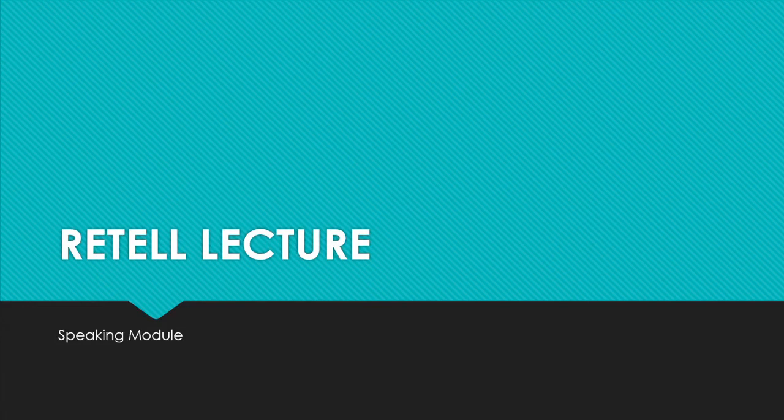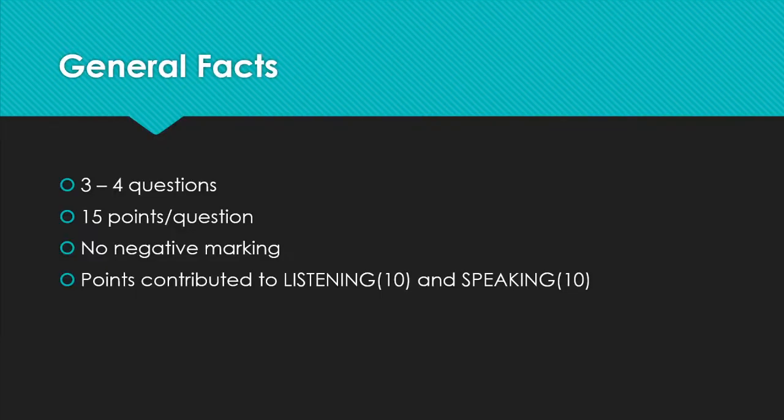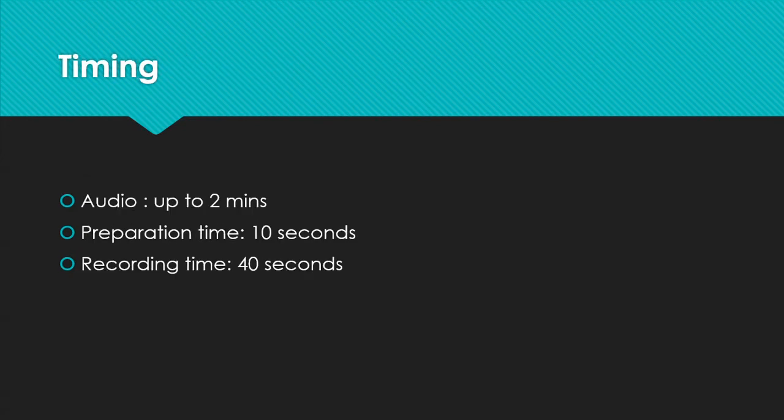Let's first go through the general facts or the overview of the exercise. You will get 3 or 4 questions from this exercise, and each question will contribute 15 points. There is no negative marking, so you need not worry about making any mistakes. Since this exercise involves a listening part and a speaking part, you will get 10 points for listening and 10 points for speaking as an internal score.